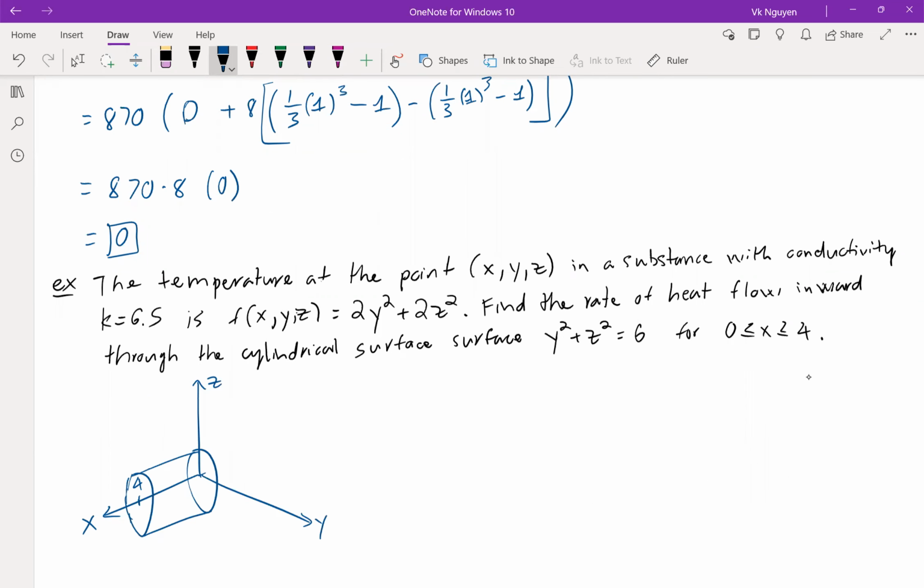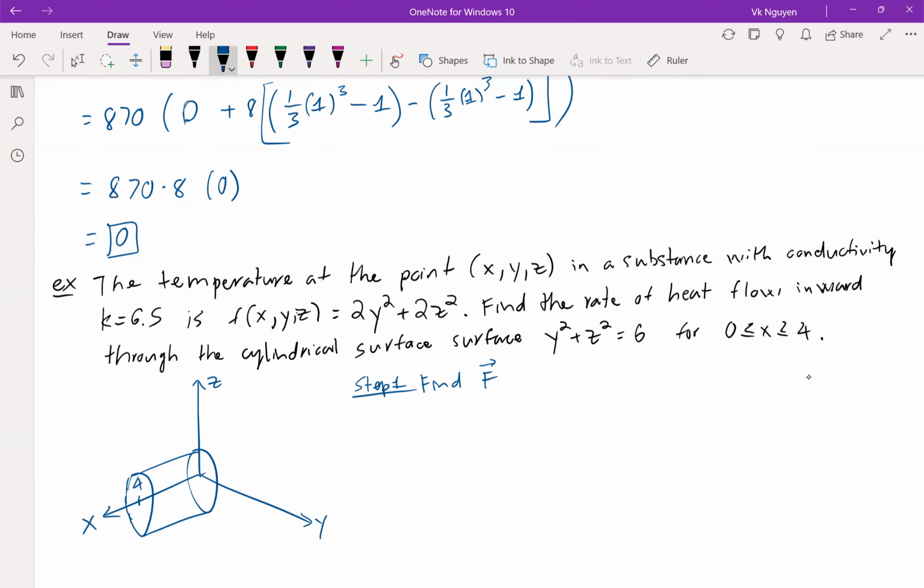Step 1, find the vector field F. If you study electricity later on, it's similar. The vector field F when you have temperature, I mean, it's heat, not electricity. Yeah, heat, electricity, pretty similar.